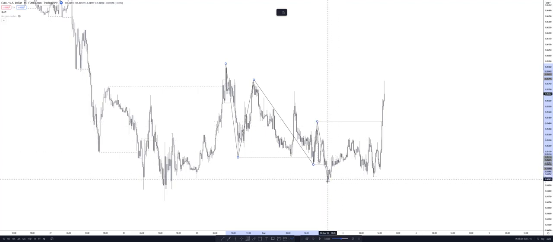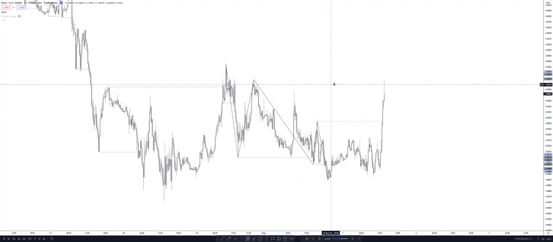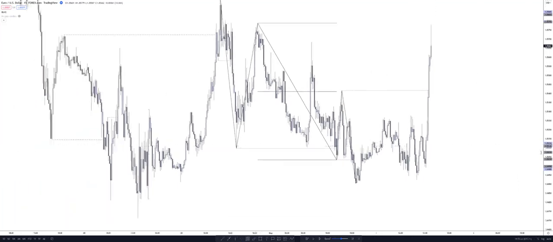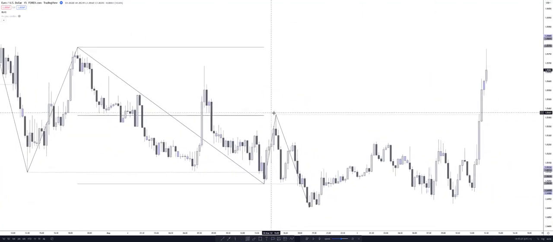Now, it's not so clear that this has mitigated the premium of this leg, so we will check that out with our premium and discount tool. Okay, what we can see is that it has just tapped into the premium of this leg. So first of all, it seems okay, but what we also need to check is, did it tap into a valid 15-minute supply zone?